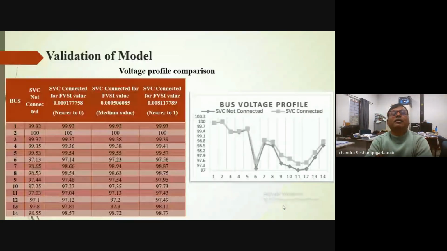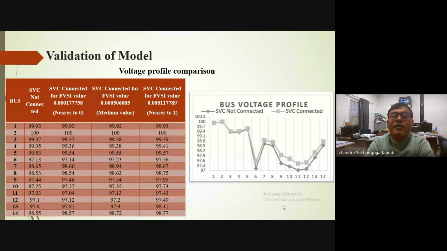Now after having that model, we have compared things with respect to voltage profile. By connection of the SVC, we have found that if SVC is connected based on the FBSI value, which is nearer to 0, then you can see in one curve we have given, when SVC is connected, what is the result, and when it is not connected, what would be the value.